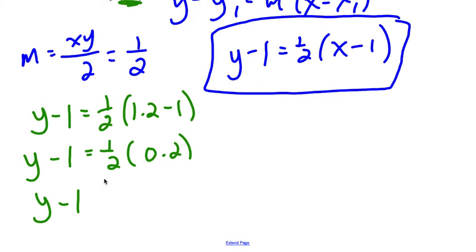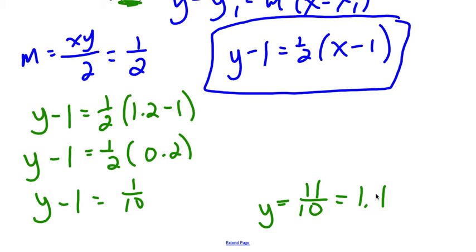So 1 over 5 times 1/2 gives us 1 over 10. Add the 1 and we get that y is equal to 11 over 10, which is the same thing as 1.1. Again, you could have done 0.5 times 0.2 would be 0.1, and then add the 1 to get 1.1. It doesn't matter. I prefer working with fractions, but you can keep it as a decimal. You could have written 1/10 as 0.1. All right, so there's the second answer.